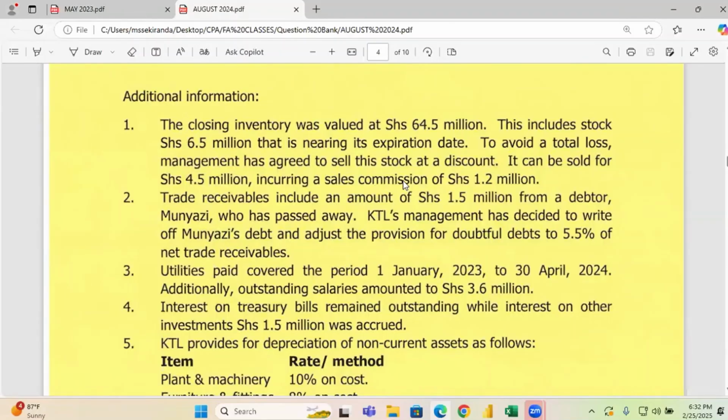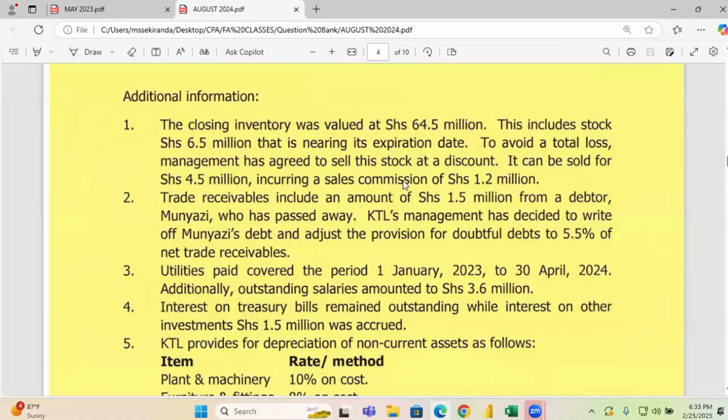Now, what the examiner is testing is whether you know how to adjust inventory as per the requirements of IAS 2 Inventory. Remember, we did a number last week, when I was completing incomplete records, where a fire gutted the market and 3/4 of the inventory was destroyed.